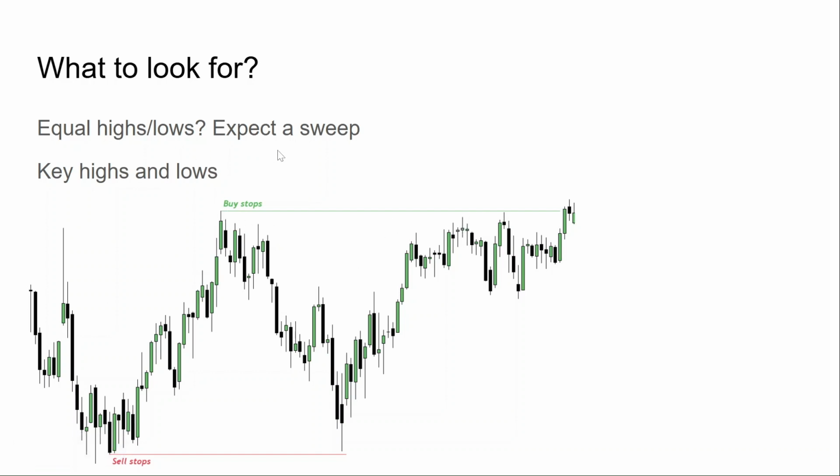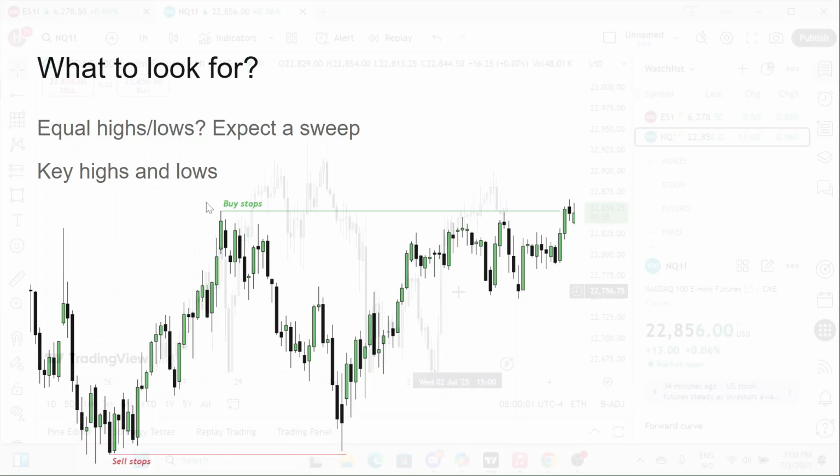You can expect that to be swept because retail traders will see that as good resistance, and institutions and banks will go and sweep that level out and trap retail traders. You can also look for key highs and lows. That's also where liquidity lies in the markets, like under here, or here, or here.